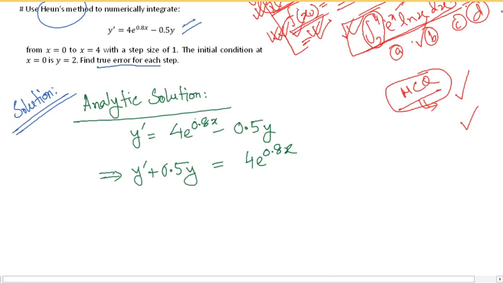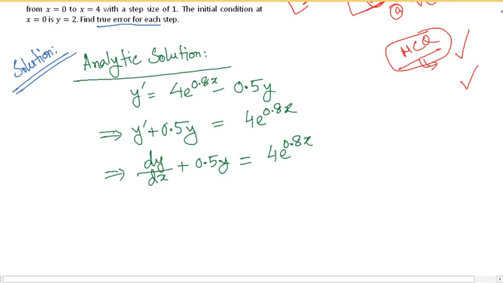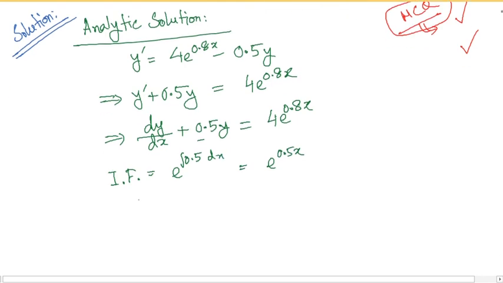Now what we'll try to do is, this is actually this one, 0.5y. Now I'll have to multiply it with an integrating factor. And what will be the integrating factor? From your concept of the math, you know the integrating factor here is e to the power integral of 0.5 dx, that is e to the power 0.5x, which will be multiplied on both sides.